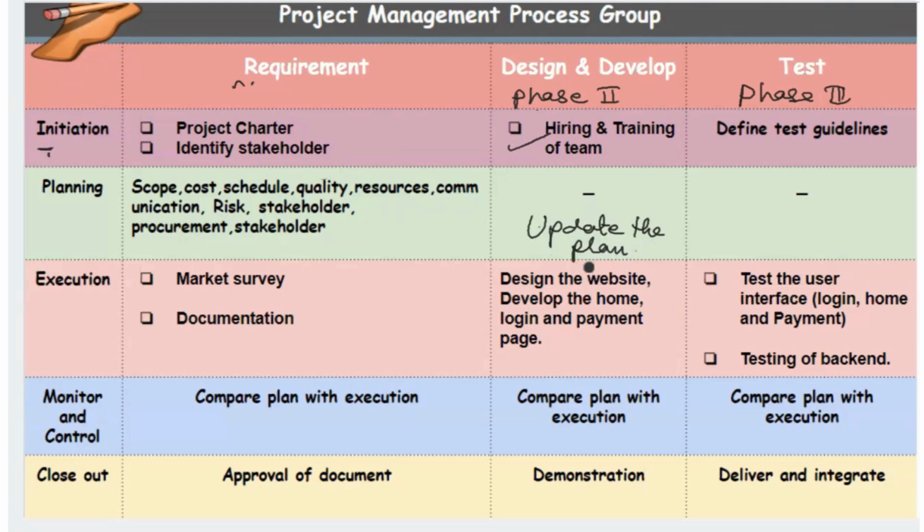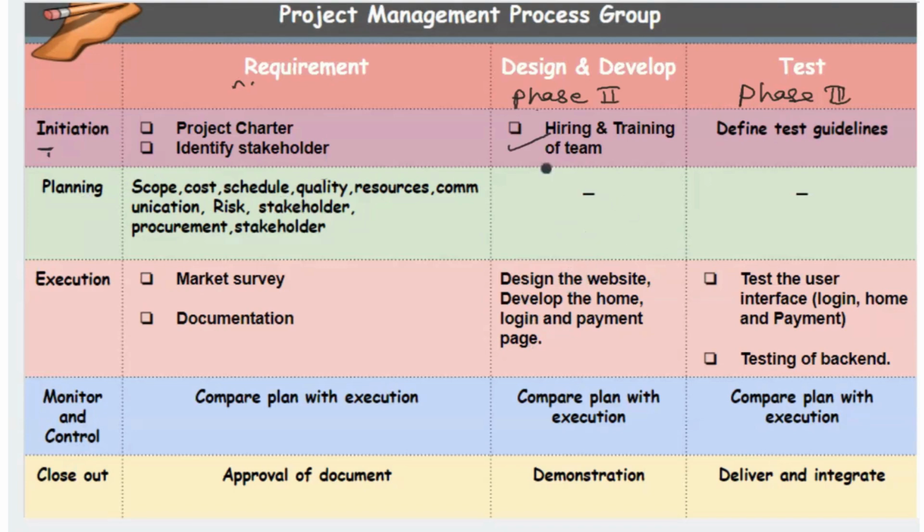There we plan separately for different fields. But mostly we have done the planning, and we can update the plan here. That is why in the planning process group we are writing nothing here. I don't have any activity here. It is not mandatory to put activities everywhere. So I am just assuming that my plan is okay, and I'm moving to the next execution phase.